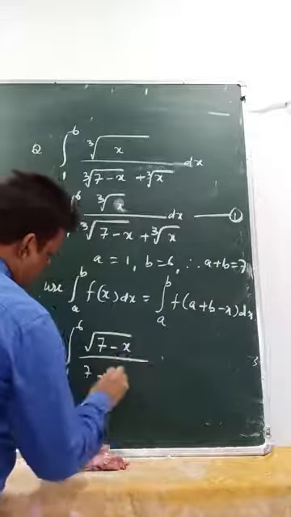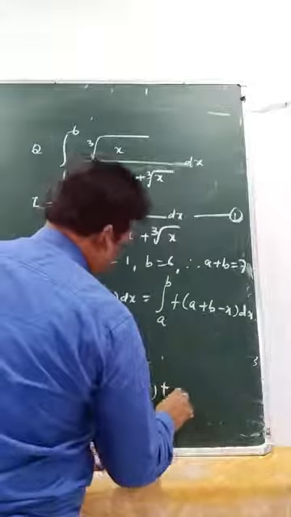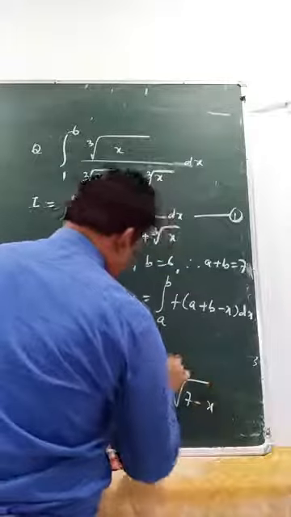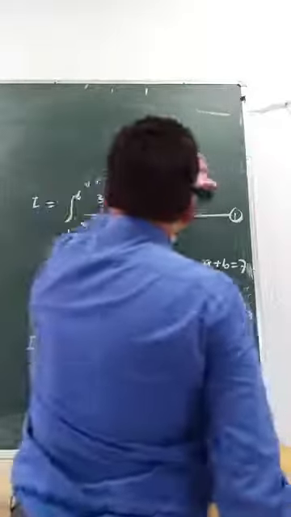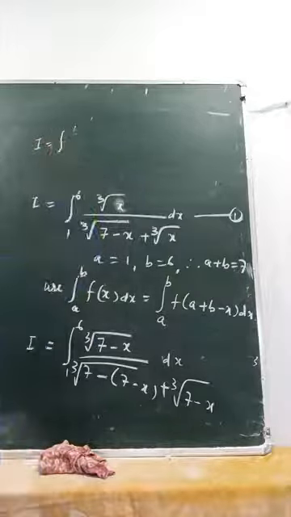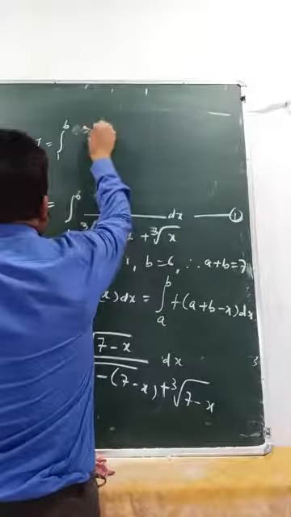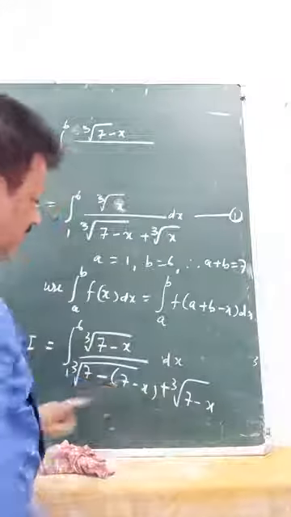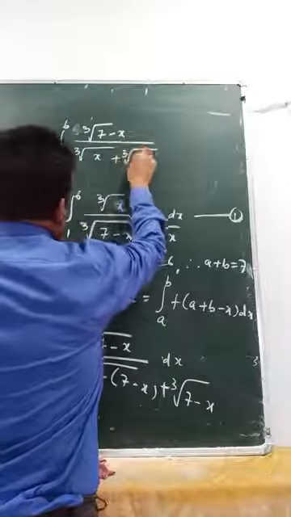So if I write this, I equals integral from 1 to 6 of cube root of 7 minus x by cube root of x plus cube root of 7 minus x, since 7 cancelled, minus minus plus.